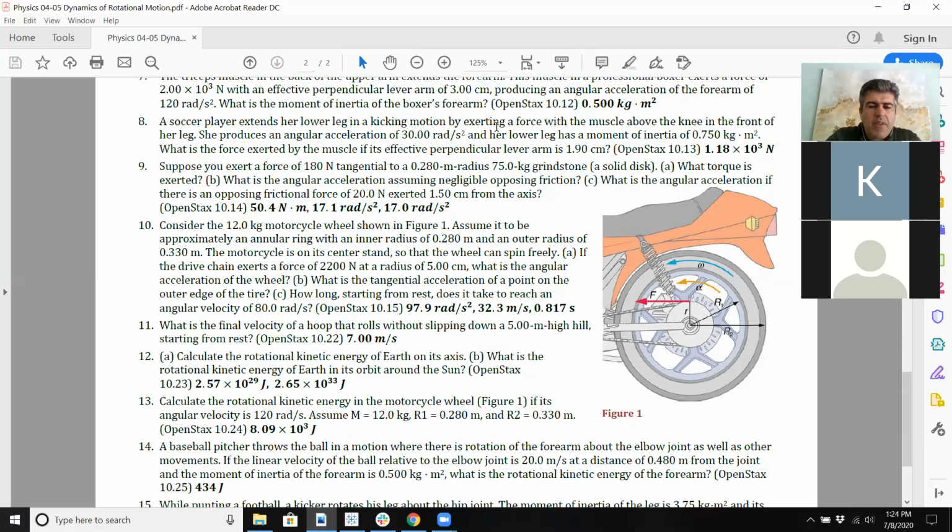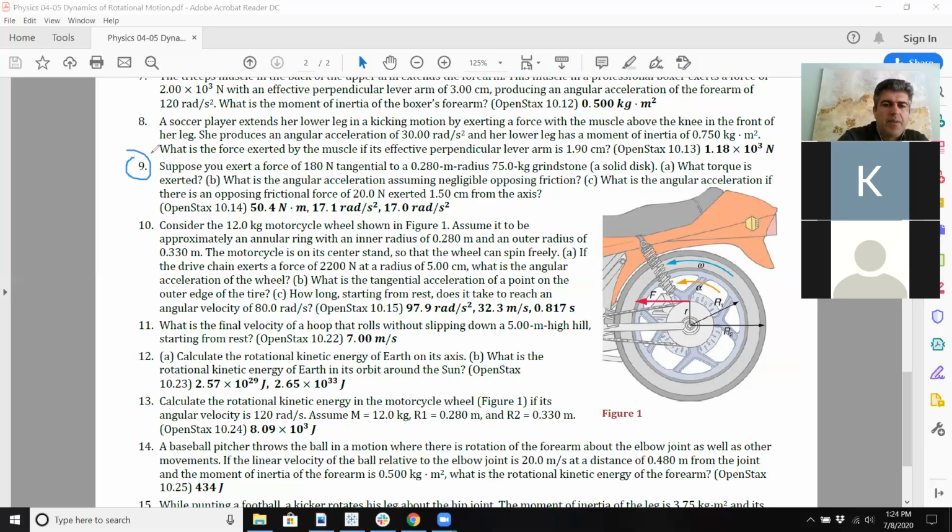Okay, so remember, torque is your force times your radius. Your radius is 0.28. So if you simply do 180 times 0.28, that's all you have to do for number 9, part A. That's pretty straightforward.